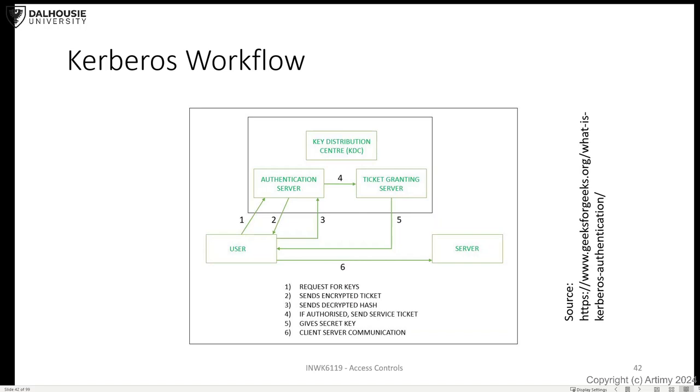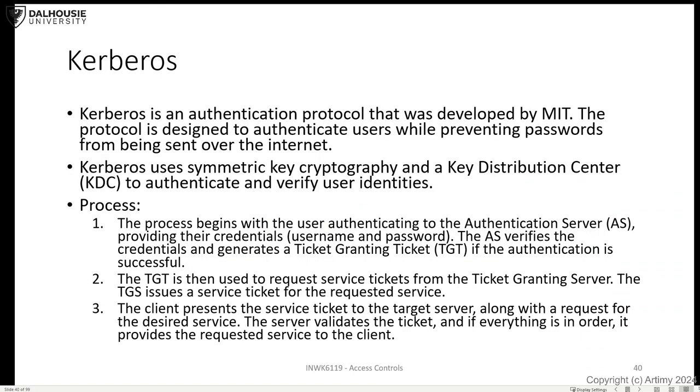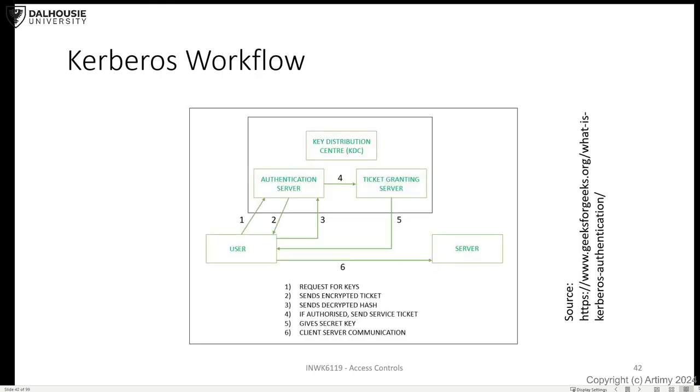So the user, step 1 request, this is the first authentication, so it sends username and password to the authentication server. The authentication server, we talked about it here. It sends an encrypted ticket that represents, think of it as a challenge, the same way we did the challenge before.